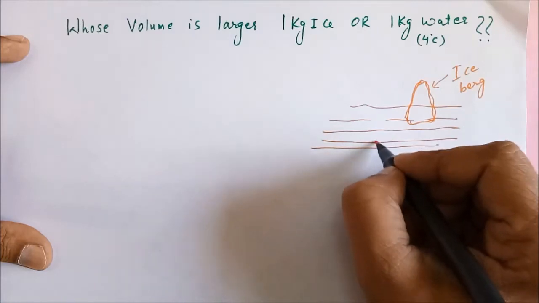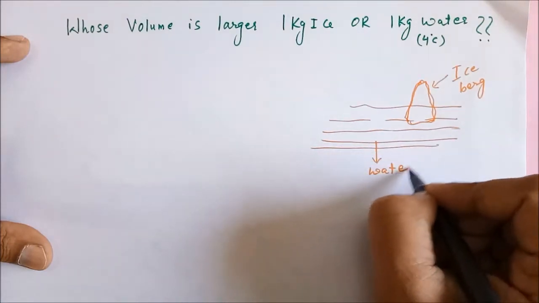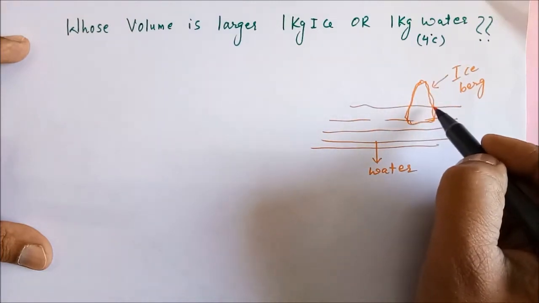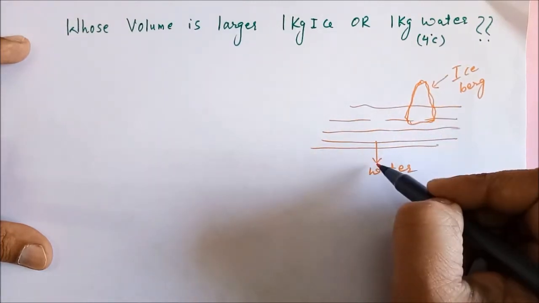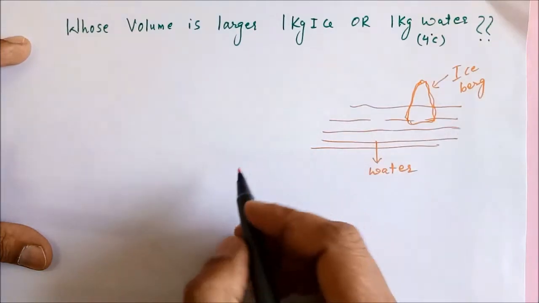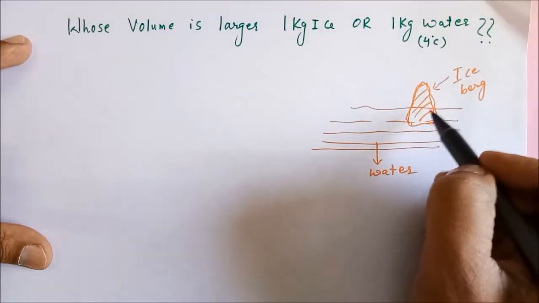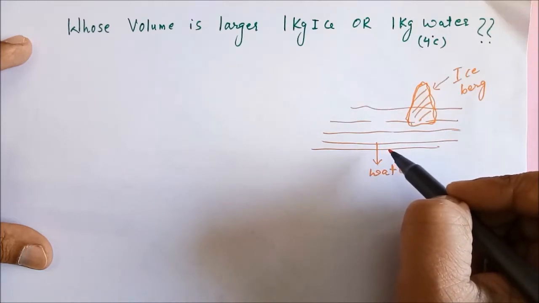Those substances which float on water have less density than the water, right? So from here we can say that the density of ice is smaller than the density of water, right?